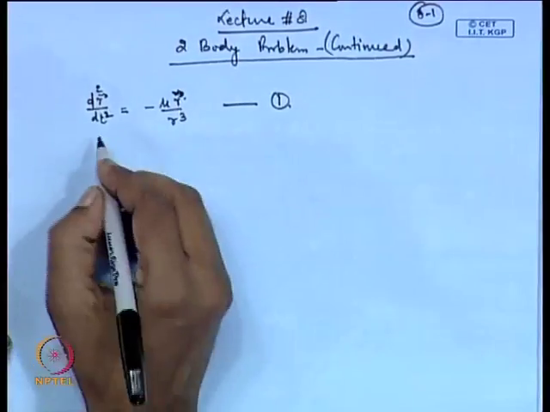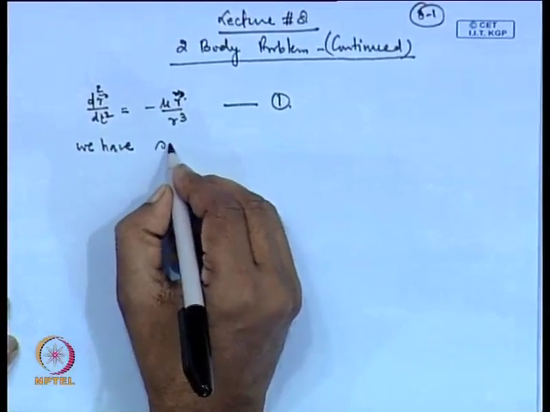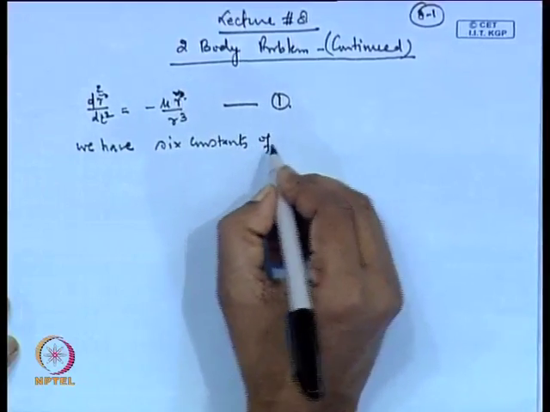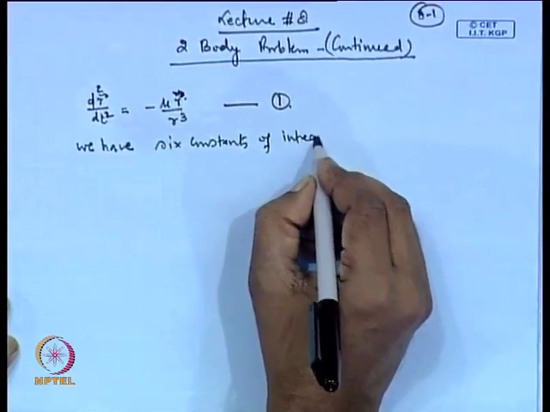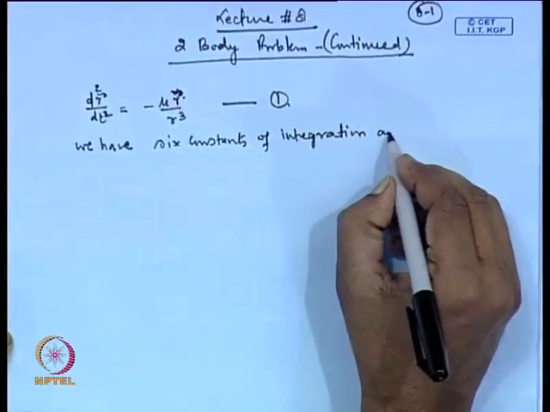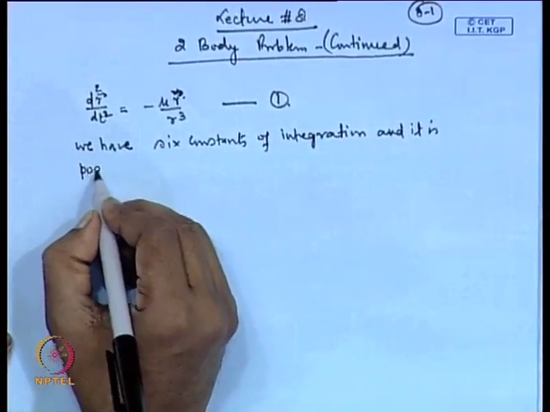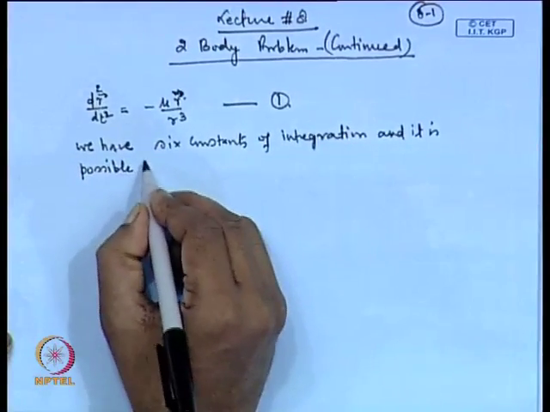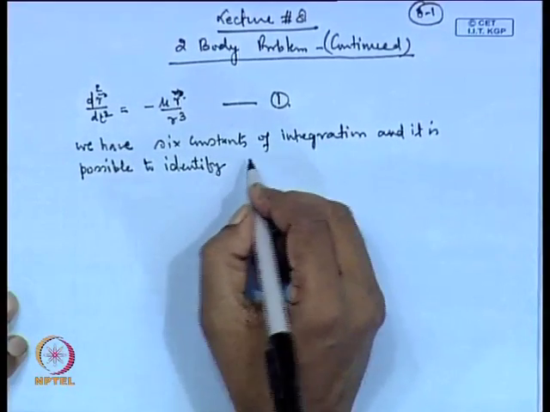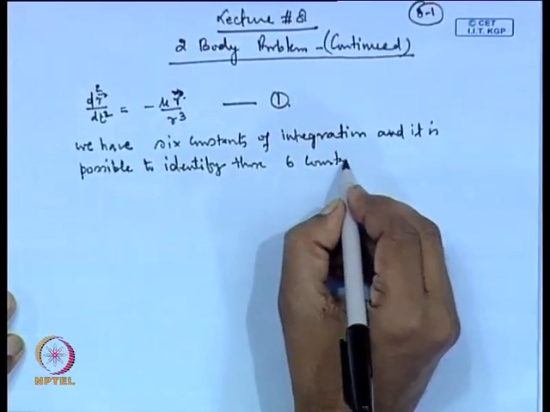So, we have here 6 constants of integration, and it is possible to identify those 6 constants.